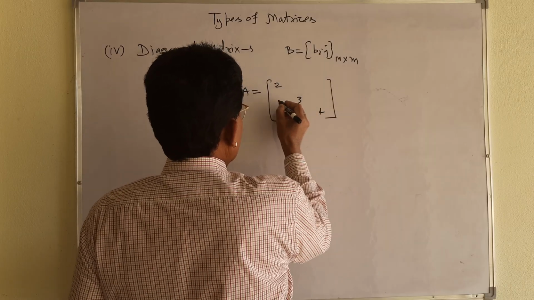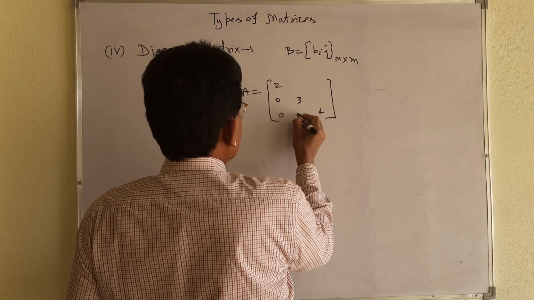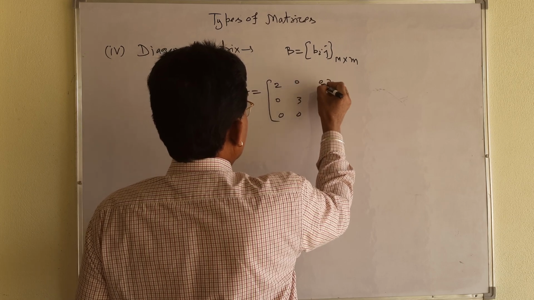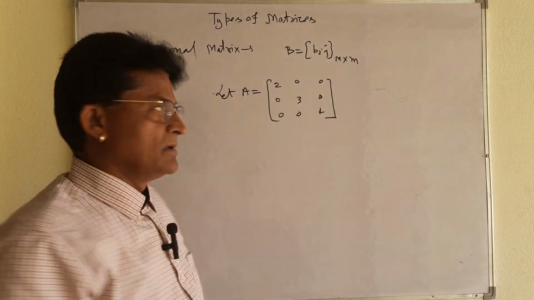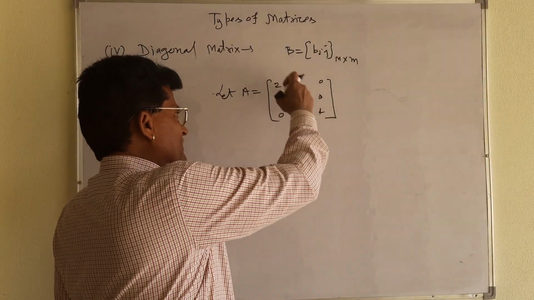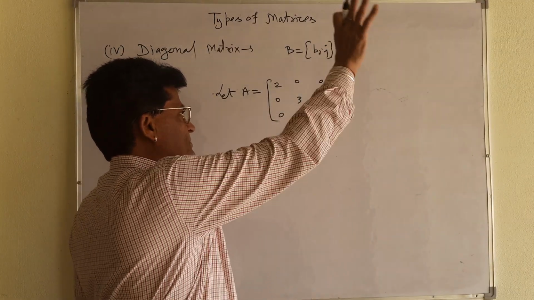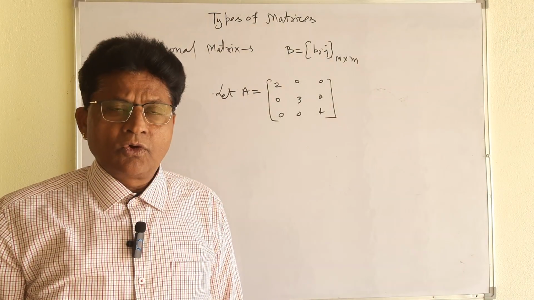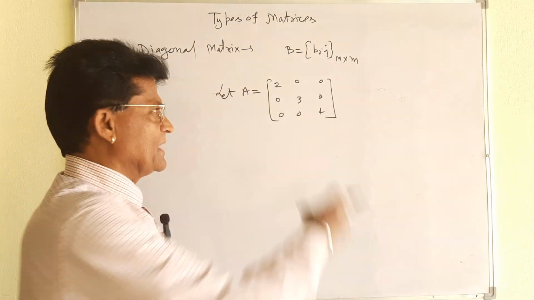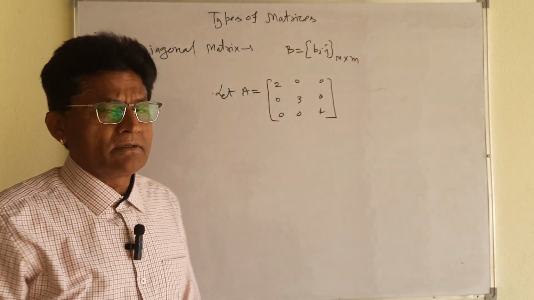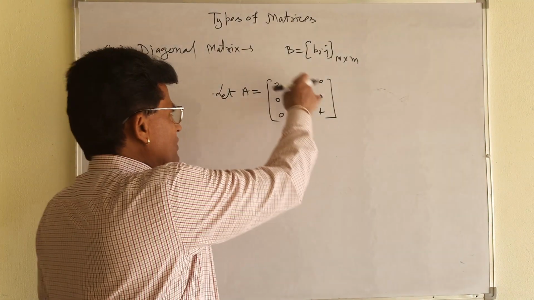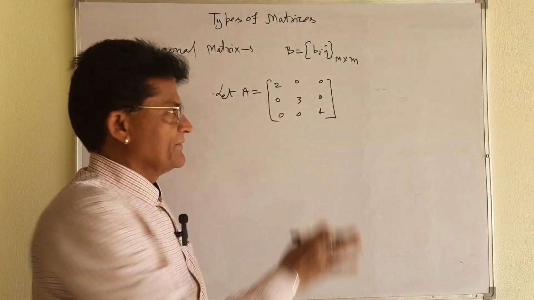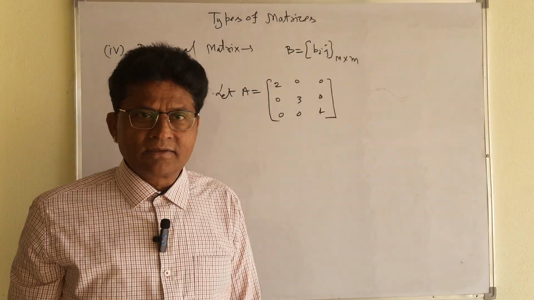You complete it with 0, 0, 0, 0, 0, and 0. What does it mean? On the diagonal, the elements will be non-zero. The rest of the elements will be 0. All other elements except the diagonal will be 0. And on the diagonal, I have taken different elements.